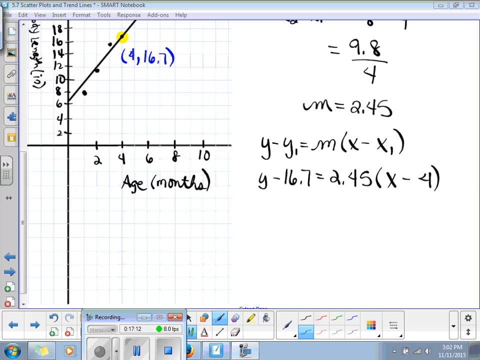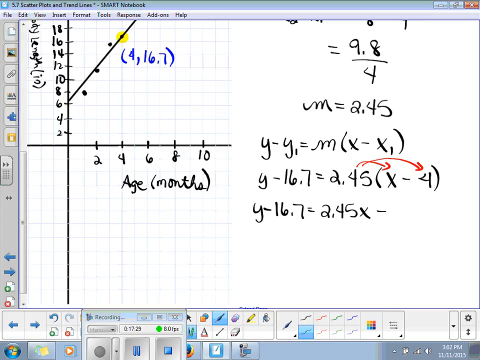Now we solve for Y. Help me out with the calculators, okay? So we distribute first. And we end up with Y minus 16.7 is equal to 2.45x. What's 2.45 times negative 4? Negative 9.8.